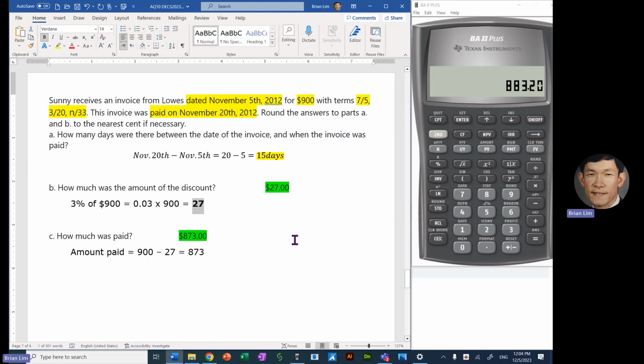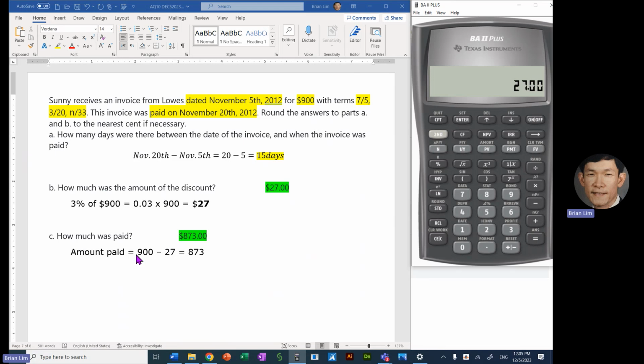Maybe we can put it in bold. And if you wish, you could put in the $ sign just to indicate that we have some money. All right, so let's go 3% times 900, and that gives us $27. So how much was paid?